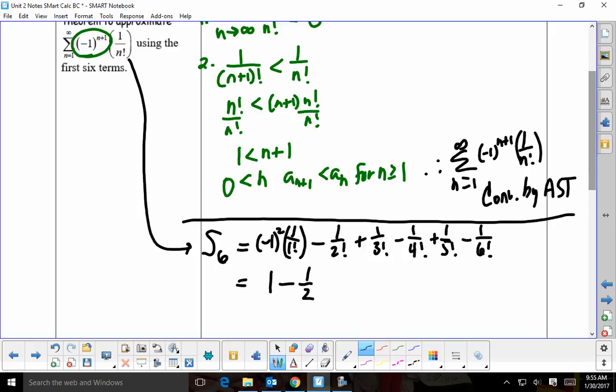Okay, so then this would be 2 times 3, which is 6. This would be 6 times 4, which is 24. That would be 24 times 5, which is 120. And 120 times 6 is 720. Now, I don't expect you to do all this out right now, but it is, I think, 91 over 144. Yeah, 91 over 144.